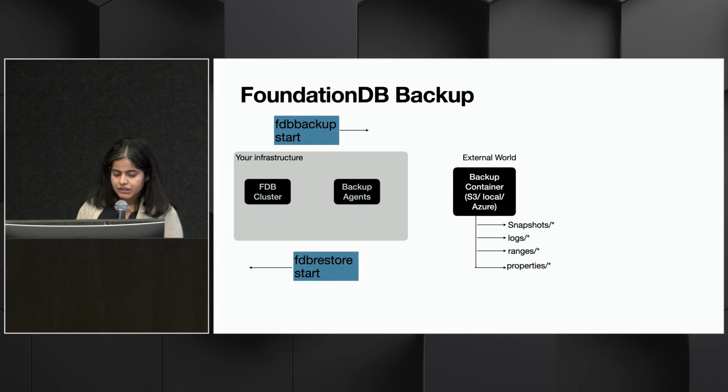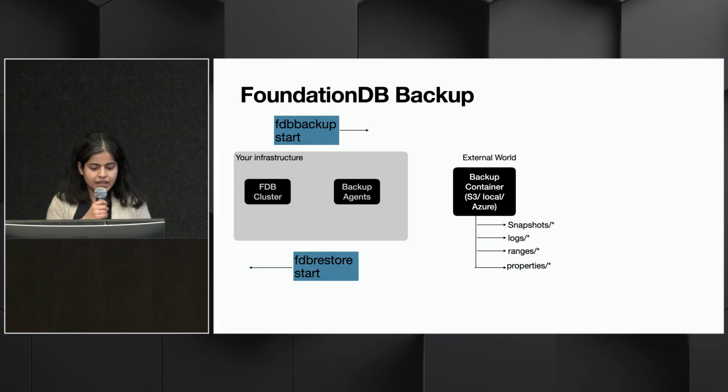Backup agents have their own set of machines, and their work is to read the data out from the FDB cluster to the backup container, as you can see on the right side of the diagram. The backup container is something that a user provides. It's a destination where you want your backup data to land.